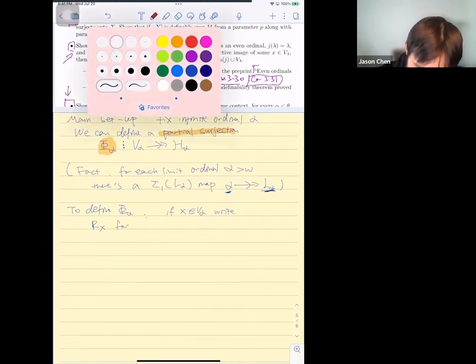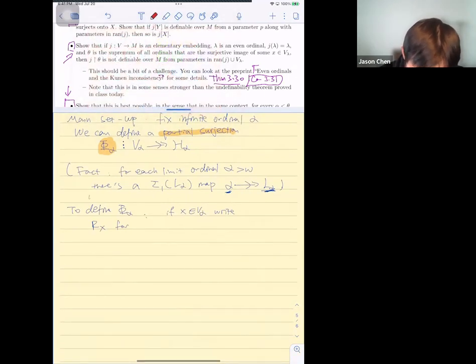I'm sorry. So write P from V to V cross V for the inverse of the Quine-Rosser pairing.